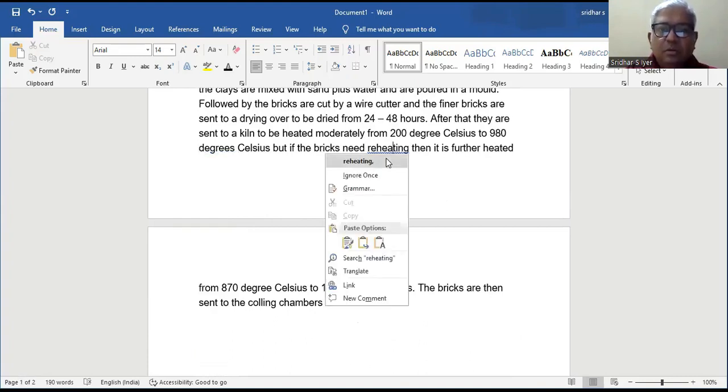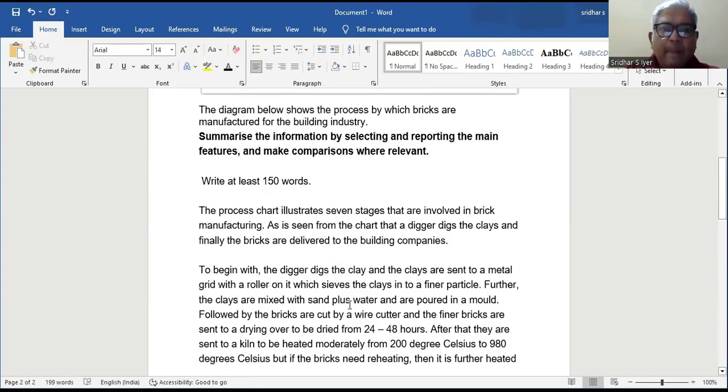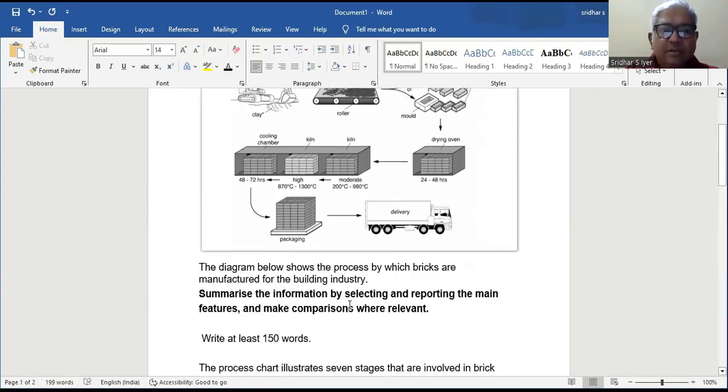So bricks are then sent to the cooling chambers to be cooled from 48 hours to 72 hours. We'll be doing the proofreading later. Okay, 48 hours to 72 hours.